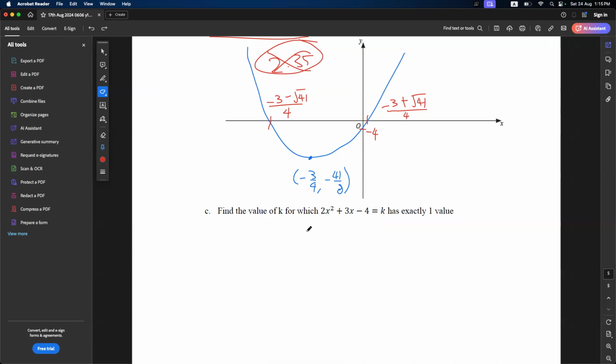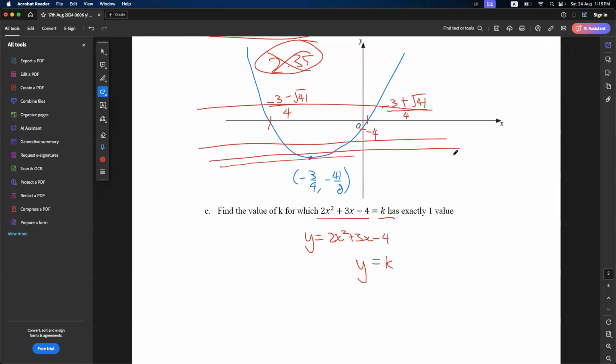This is actually equal to y, right? You can say that y equals 2x squared plus 3x minus 4. When I write this equals to k, I can say that y is equal to k. Exactly one value means I draw this y line anywhere, and I will only intersect this graph once. Do you get it, guys? Need me to repeat that?